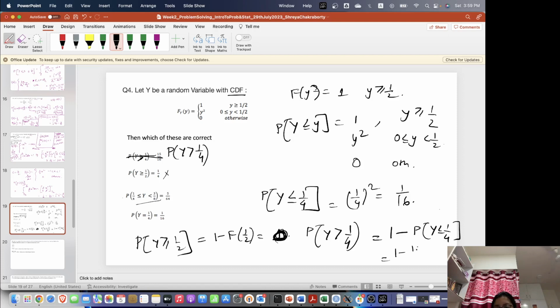So it will be 1 minus 1 by 16, that is 15 by 16. Okay, so then this is correct. Alright, and then the second one we also checked, y greater than or equal to half.